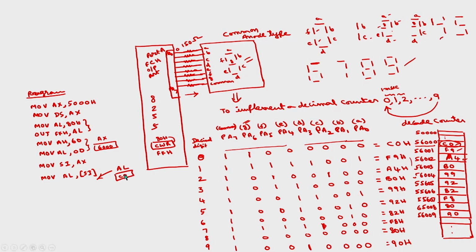If I output C0H from here, a 0 will be displayed on the 7 segment display. So, for that what is the instruction? AL is having this, out, the port A address is FCH comma AL, the contents of AL which is C0H, so that after this instruction a 0 will be displayed on the 7 segment display. Then you call a delay.